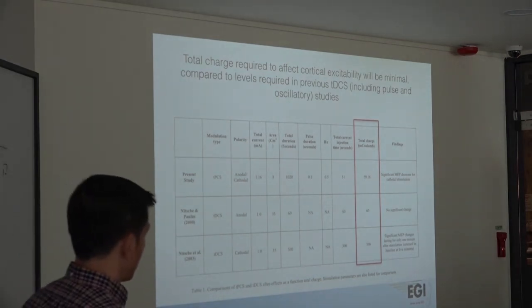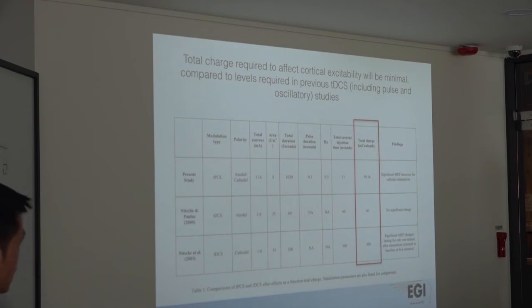And then we want to ask how much total charge we are putting in compared to previous studies. So we can do total charge here. It's essentially how much current over the 100 millisecond pulses that we do for 17 minutes, and we just sum that up.